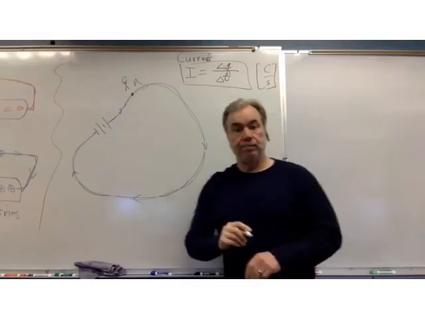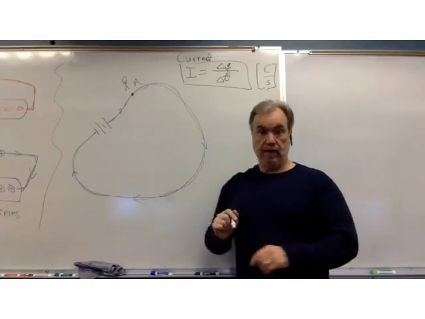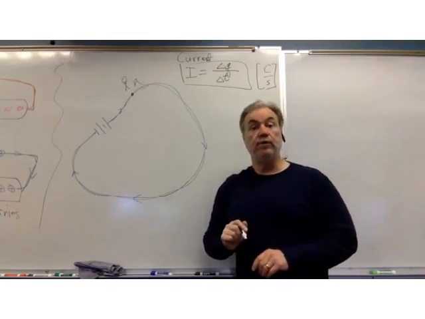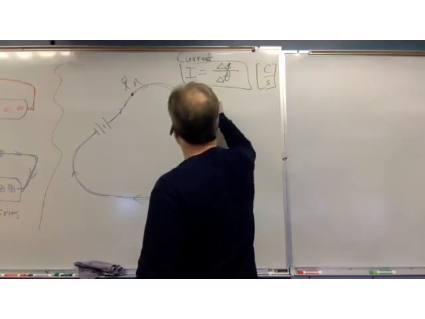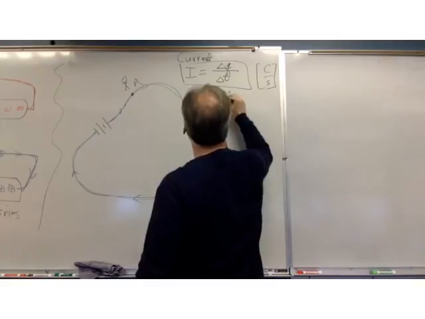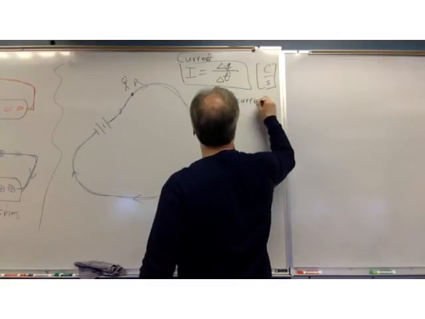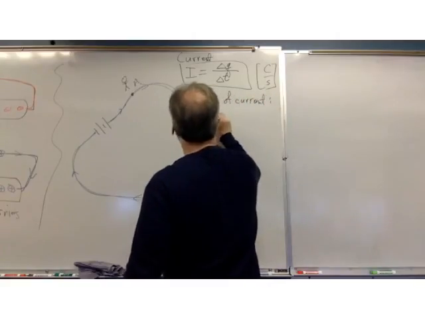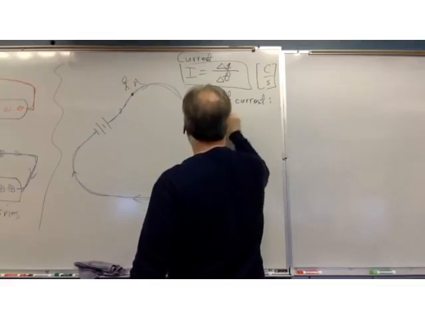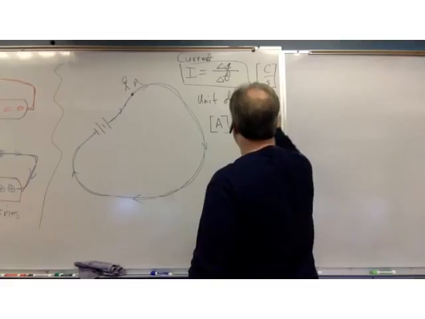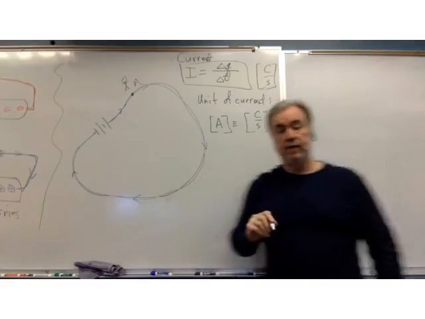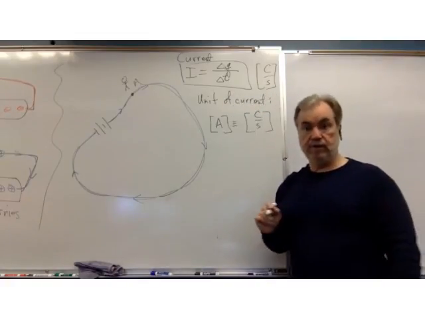And finally, for this unit of current, we have a new unit that we define. The unit of current is given the symbol capital A, named after the French physicist Ampere. In fact, this unit is called the ampere.